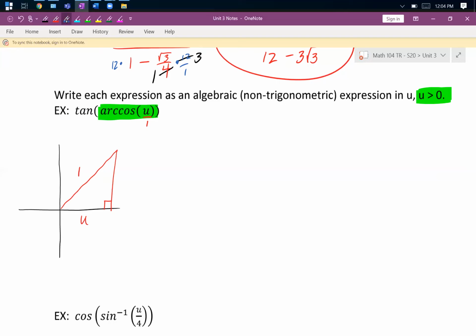Now this is a little trickier, I think, because there are no numbers in it, so you may need to do the side work. Hypotenuse squared equals, I'm going to use y because it's the vertical, y squared plus U squared, and we're solving for y.